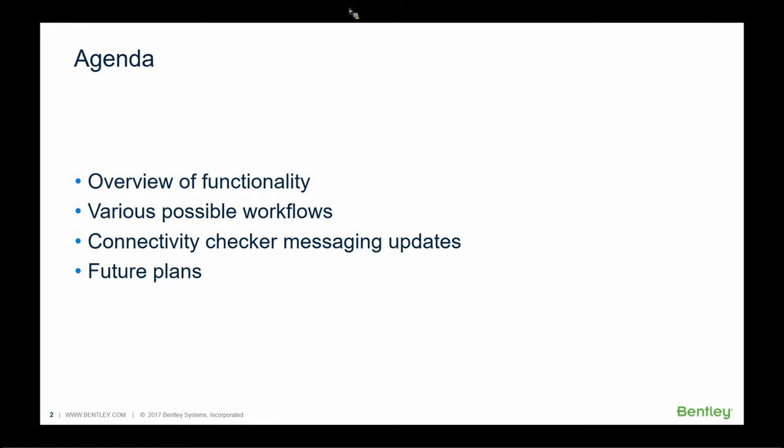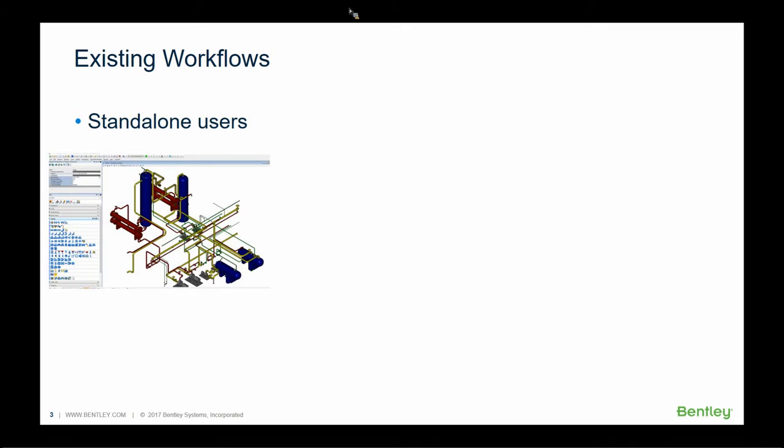Okay, so before we look at how we are generating isometrics now, let's have a quick look at what used to happen before this latest SS6 refresh release. If we look at the existing workflows, standalone users, meaning those who are not using OpenPlant Model Server and are file-based, were designing in OpenPlant Modeler.